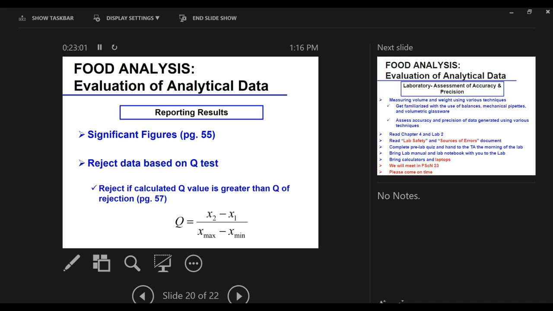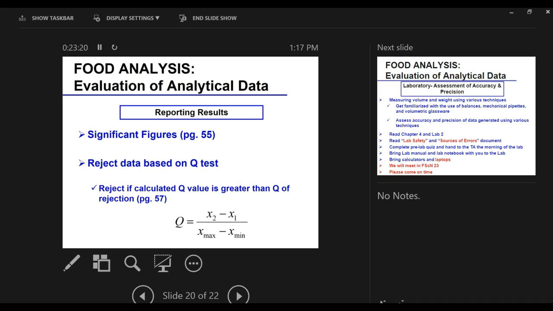Then there is a way to see if you can reject that data point statistically. You just don't eyeball it and say, I don't like it, I'm going to throw it out. Don't do that. You want to do that statistically. You calculate a measure we call the Q value.